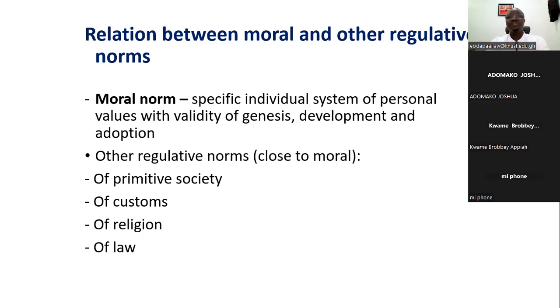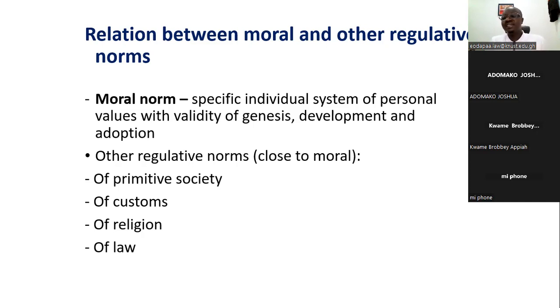And then if you don't belong to any of these religions, you still have a culture, and within a cultural system there will be some values, what is good and what is bad, and so on. Good. So you go even into the primitive society, okay?